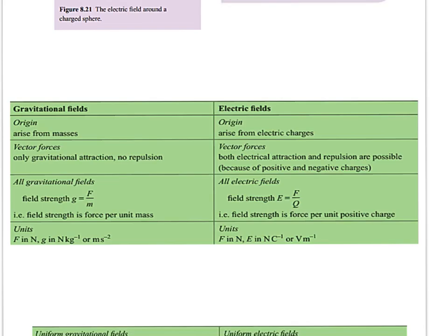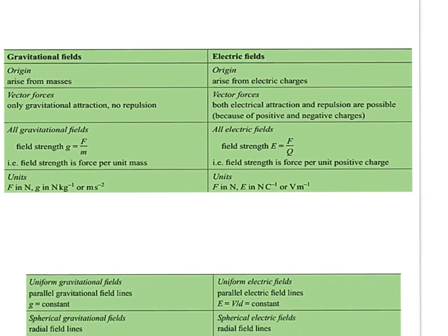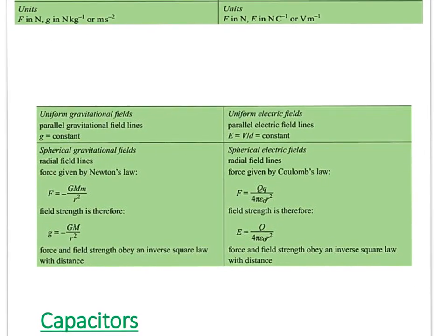Gravitational fields have a field strength of F over m, because mass is what causes gravitational fields, whereas for electric fields, the strength is F over Q, where Q is charge. For uniform fields, the field strength is constant in both cases, and you get parallel field lines. But for radial fields, you get a force which is directly proportional to the product of whatever causes it.